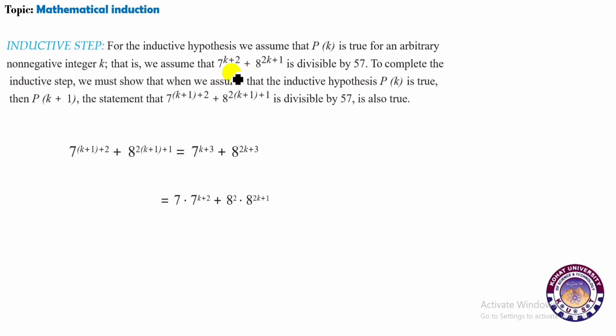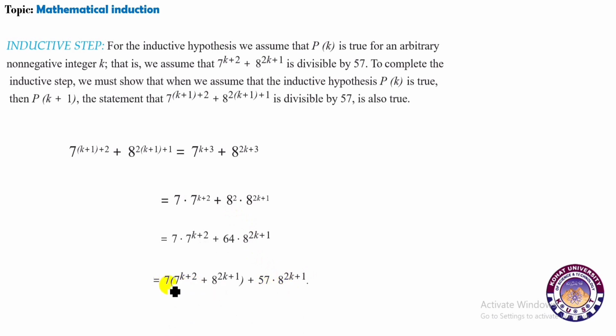Next, since we can't take 7 as a common factor from these two terms, we write this 8 squared, that is 64, as 57 plus 7. If you write 64 as 57 plus 7, then in 57 plus 7 into 8 raised to the power 2k plus 1, we can take 7 as common.